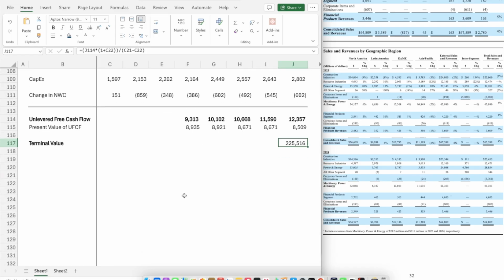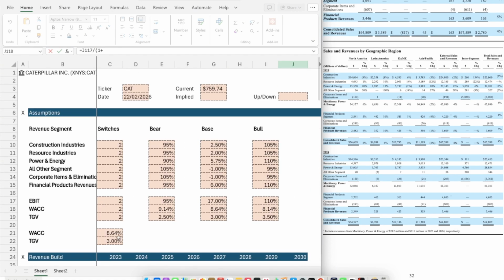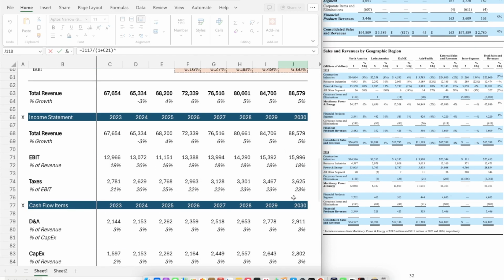And again, we have to discount this back to today, PV of TV, present value of terminal value: divide by 1 plus your WACC to the power of the final year.